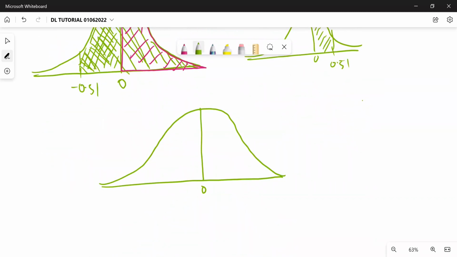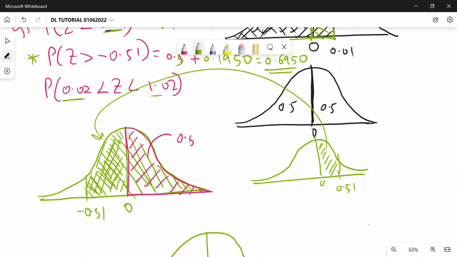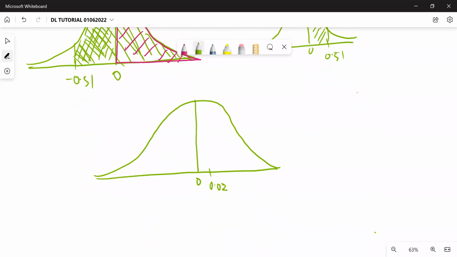So we have 0.02 and we have 1.02. So the two values are on the positive side. So we need the area between those 2 points. We need that area there.